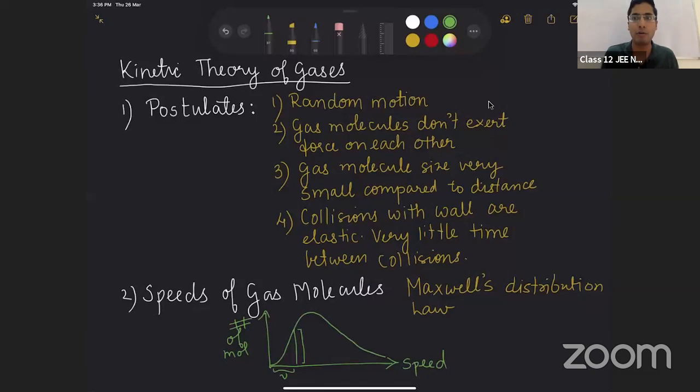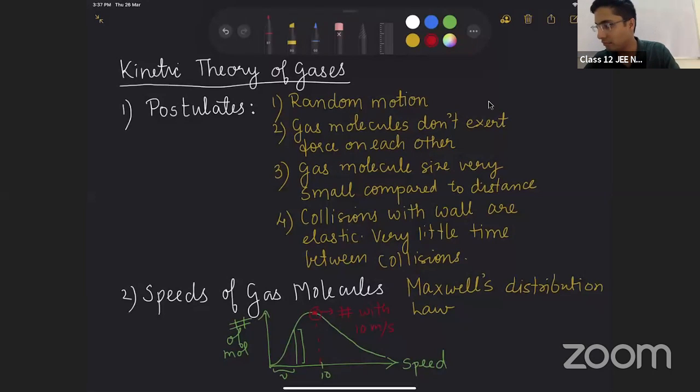So if you want to find out how many molecules are at 10 meters per second, all you have to do is find 10 on the curve, and whatever number corresponds to 10 tells you the number of molecules with 10 meters per second. So this was the second thing we studied, right? This was a very quick recap of the first class. Details can be viewed in the first lecture that I will send to you at the end of this class.